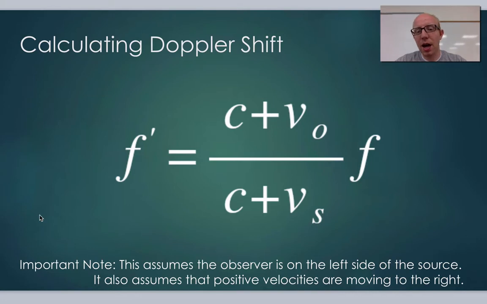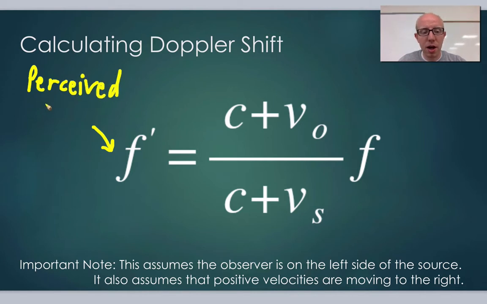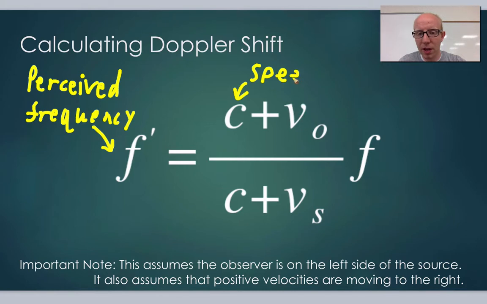Okay. Now, there's a lot of stuff going on here, but let's just break it down. First of all, what we call f prime right here, this is the perceived frequency, the frequency you actually hear in a Doppler shift. It is equal to a whole bunch of stuff on this side, but first of all, it's affected by the speed of the sound wave or the light wave.